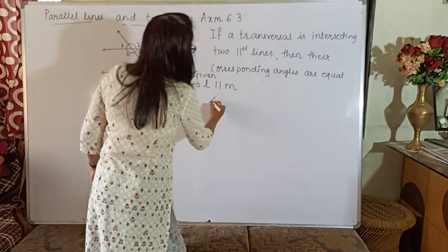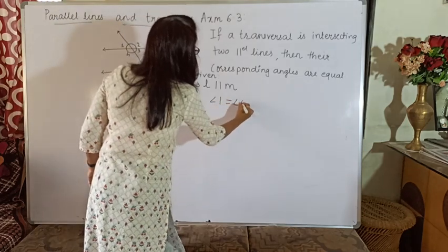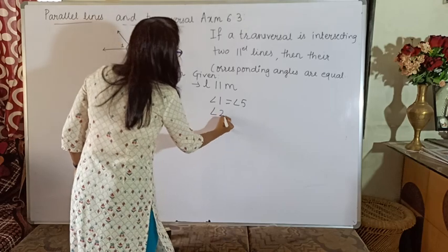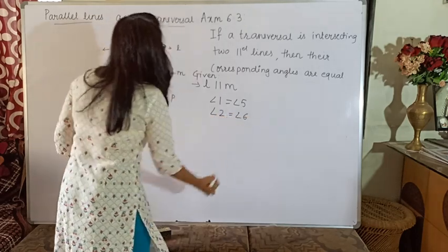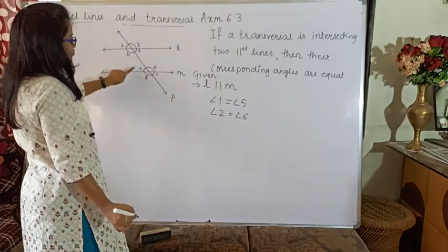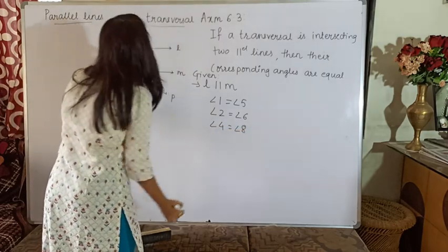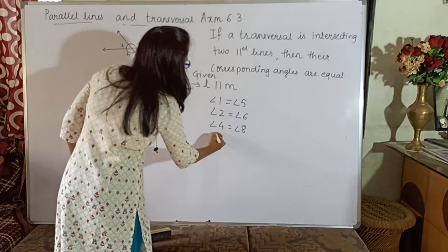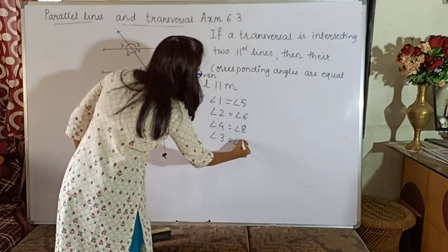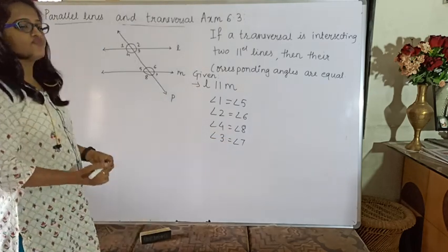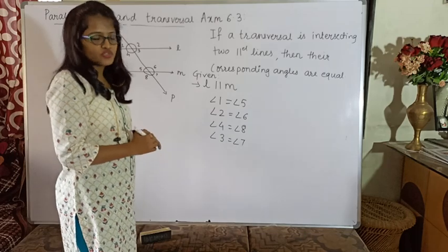It means angle 1 is equal to angle 5, angle 2 is equal to angle 6. Just look at the figure. Angle 4 is equal to angle 8 and angle 3 is equal to angle 7.